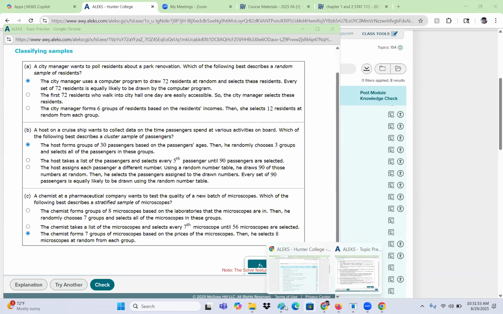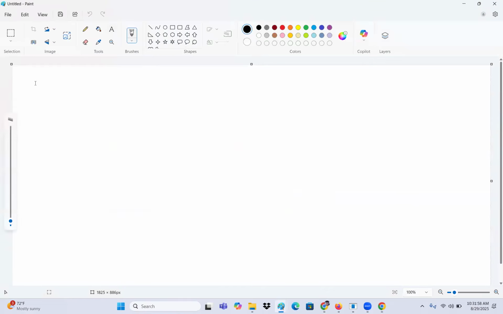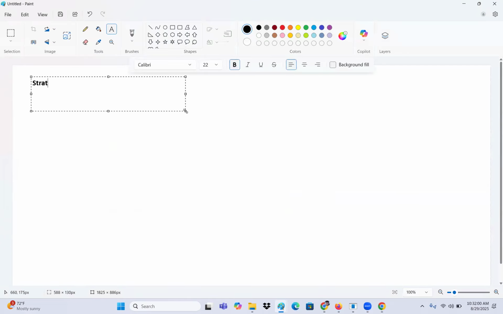So the stratified sampling research is absolute.